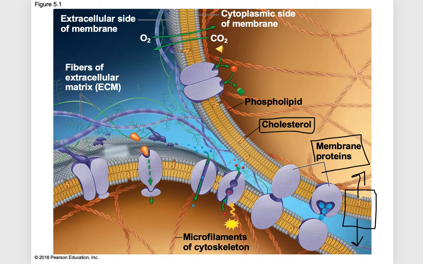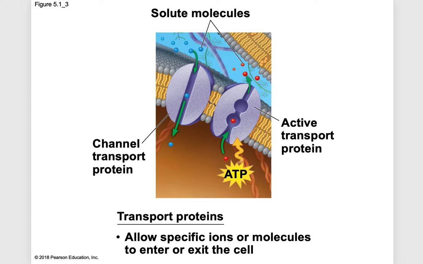Okay, so let's go through a few different things that you'll see, more of a close-up of the things you'll see embedded in this membrane. For example, we have something called transport proteins. If you take a close look at this picture right here, you'll see small substances going inside the cell, and then also small substances leaving the cell, and they are coming in and out through these different proteins.